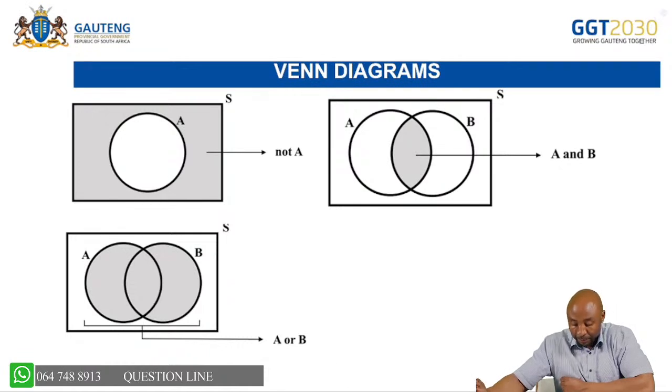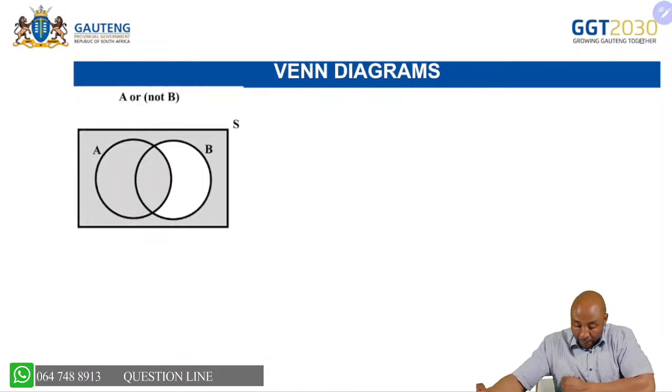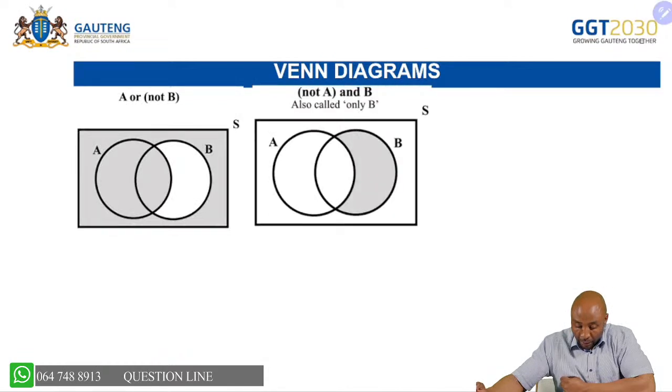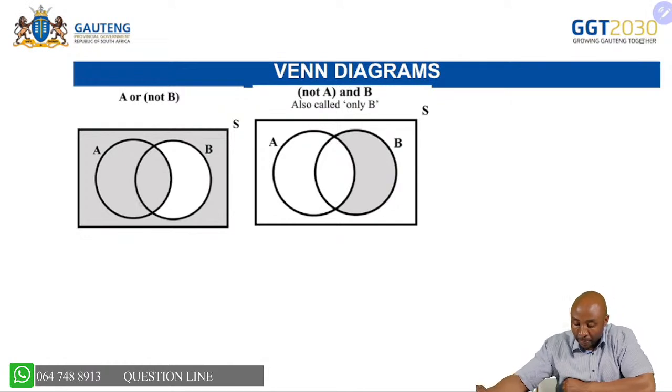And then only A, you are seeing that the part of A excluding the intersection is the one that is shaded. A not B, you are able to see A or not B. So not B is everything outside B, including the intersection, because the intersection also includes A. Only B is the part that is shaded there.